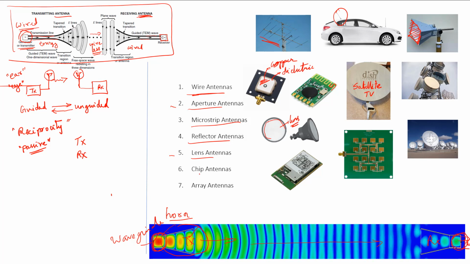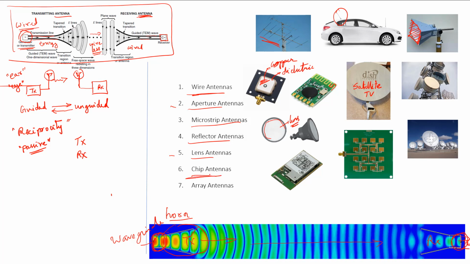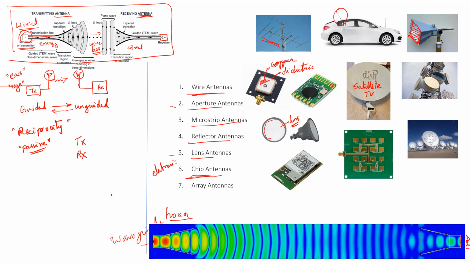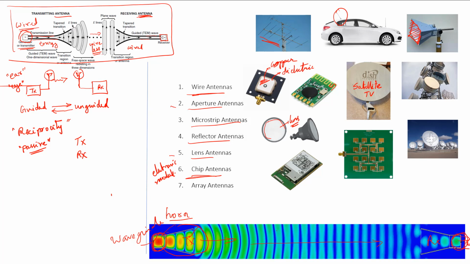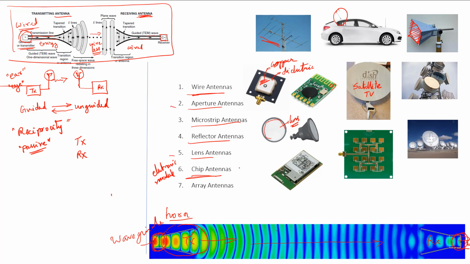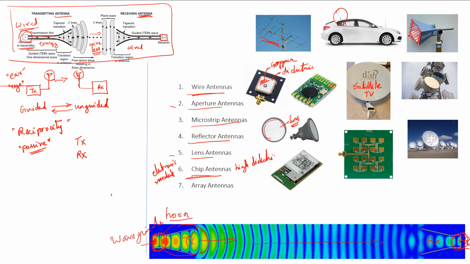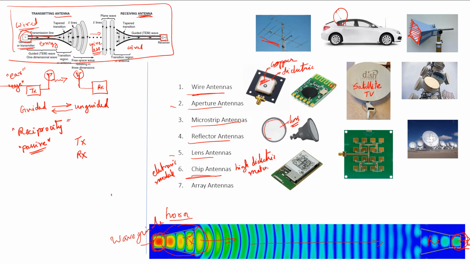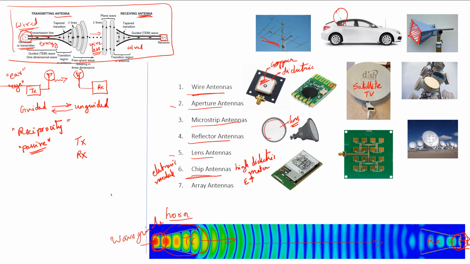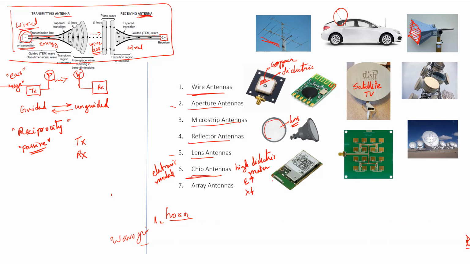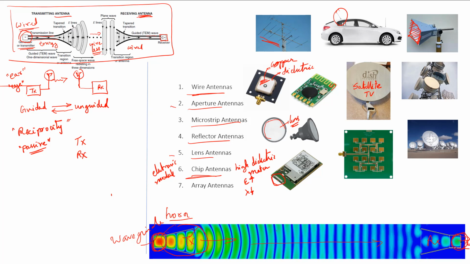The most popular these days are the chip antennas for all the small electronic modules, where the antenna is made of a very high dielectric material. If the dielectric constant epsilon is high, then for a given frequency the wavelength will get lower, and then the physical size of the antenna can also get lower.